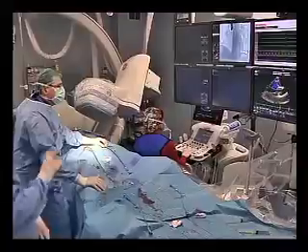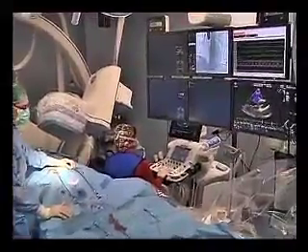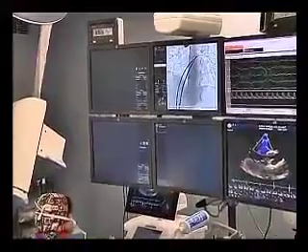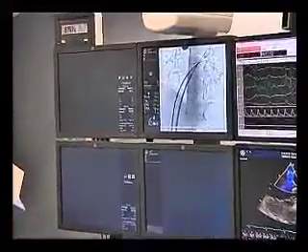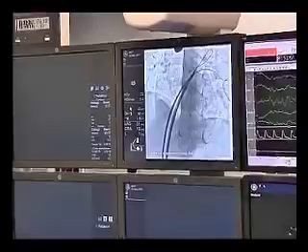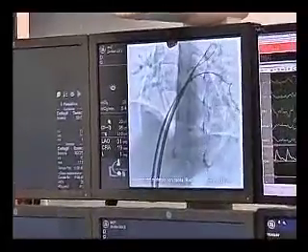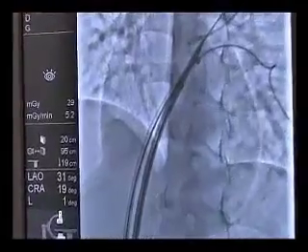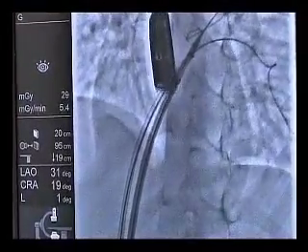Our plan is to put the small device first in the posterior inferior part of the septum, and then to put the other one, leaving the small device still attached.